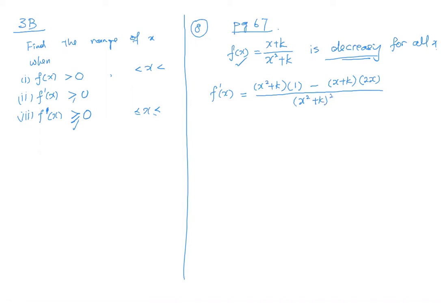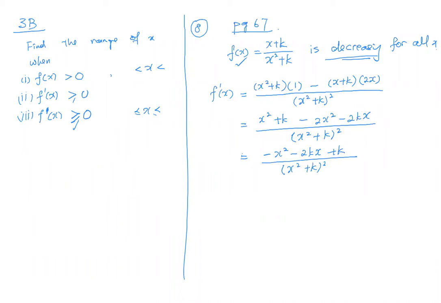I simplify the top: x squared plus k minus 2x squared minus 2kx, divided by x squared plus k, the whole thing squared. Simplify, I got negative x squared minus 2kx plus k divided by the denominator.